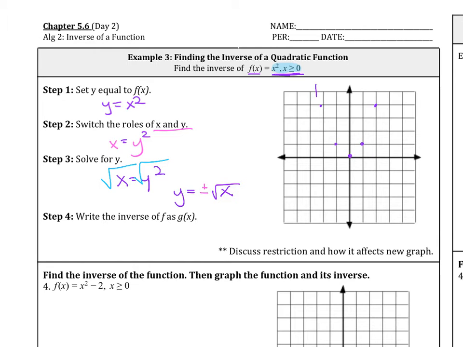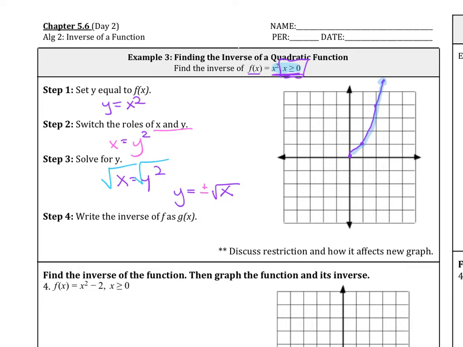So this is the parabola x squared, and it says where x is greater than or equal to 0. What that means is we only want this right side of the graph, so we're going to go ahead and erase this left side. That's what it means by x having to be greater than or equal to 0.